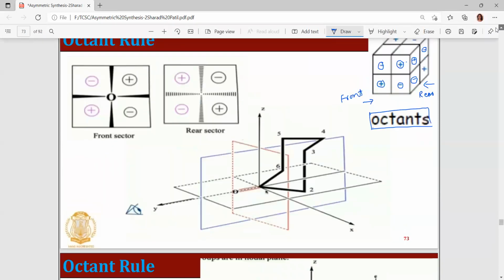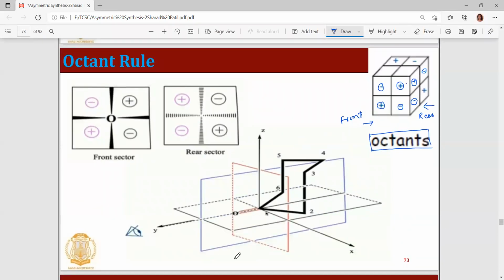We can imagine it. See here, there are three planes. This is cyclohexanone, this is the double bond, and these are the three planes. This is the x-axis, this is the z-axis, and this is the y-axis, right?